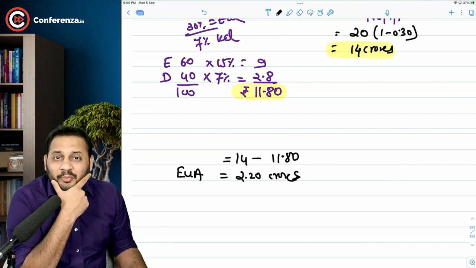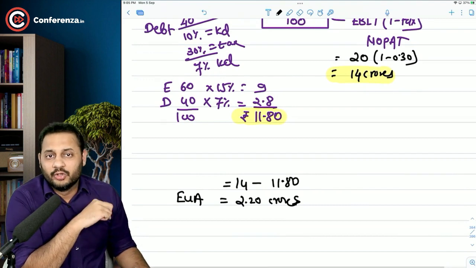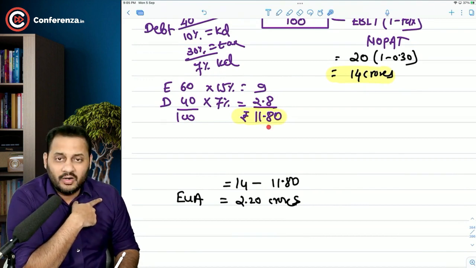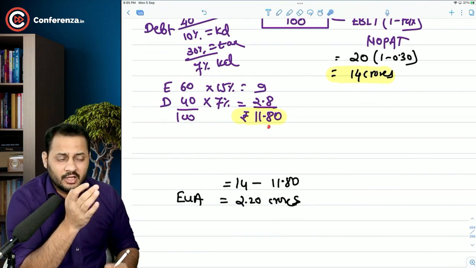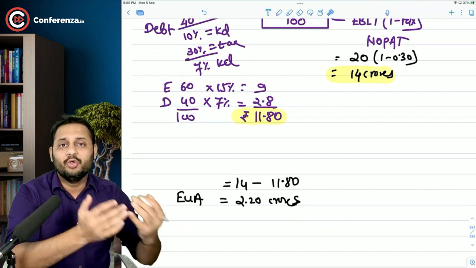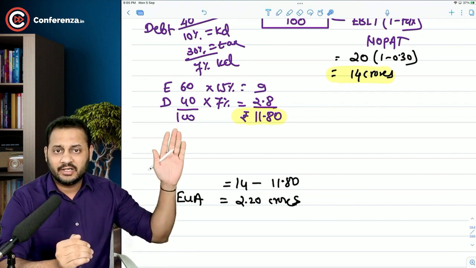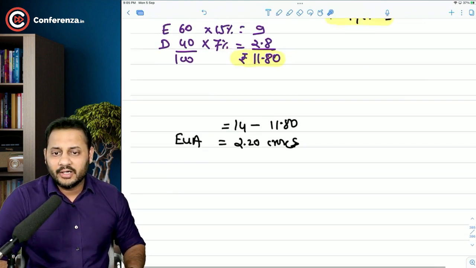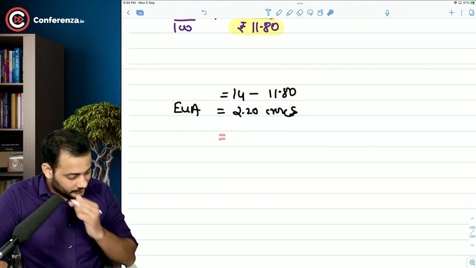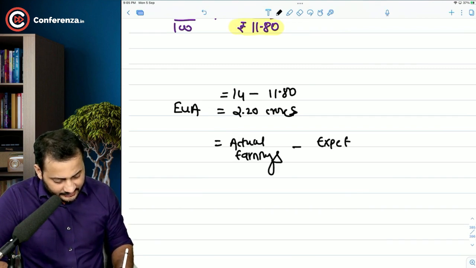How much value have you added? 2.2 crore over and above our expectation. It's very simple: how much we are asking you to earn and how much you have actually earned. If you have earned more than what we are expecting, that is the economic value added. Economic value added is nothing but actual earnings for these stakeholders minus expected earnings.